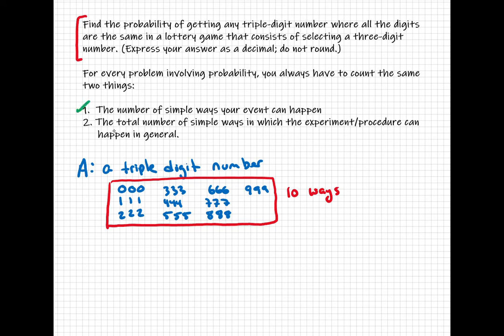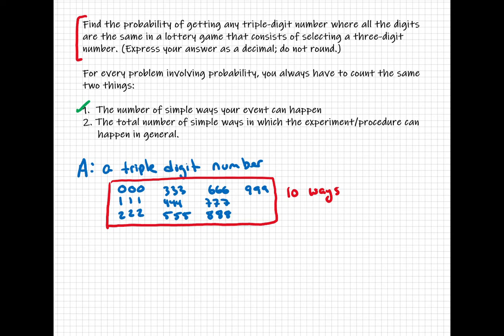The second thing is the total number of simple ways in which the experiment can happen in general. So we're picking 3 digits, any 3 digits. So we want the probability that among those 3 digits, it's the same number repeated 3 times.